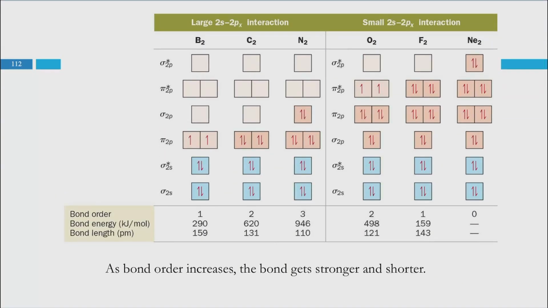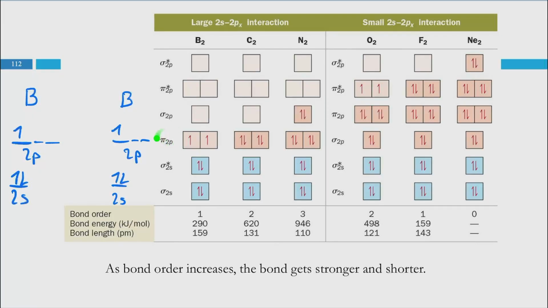And this is what the molecular orbitals look like for those homonuclear, the B2, C2, N2, et cetera, homonuclear molecular orbital diagrams. So for boron, it's our first entry into our p block. So their atomic orbitals would look like that: 2s, 2p.